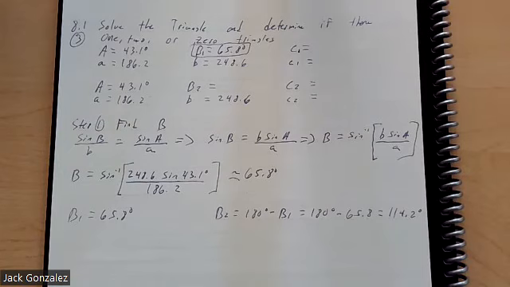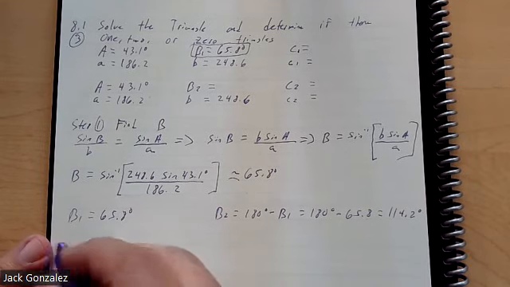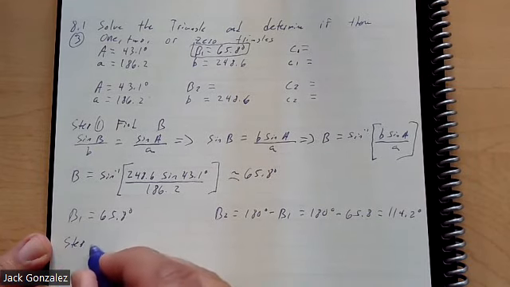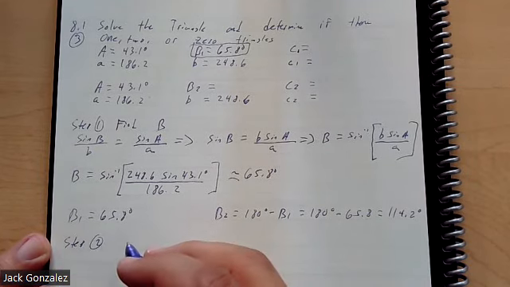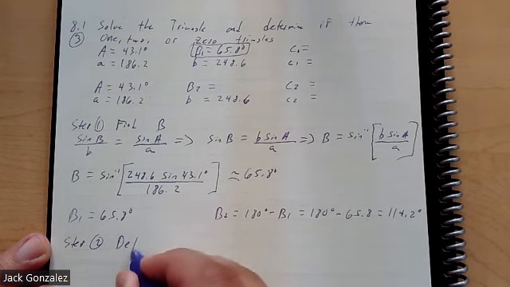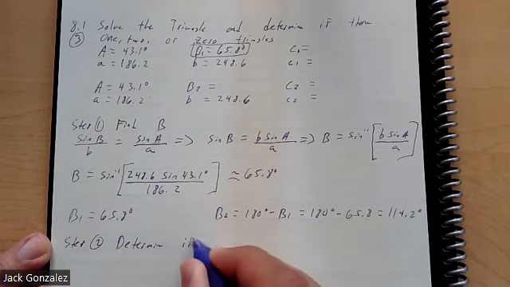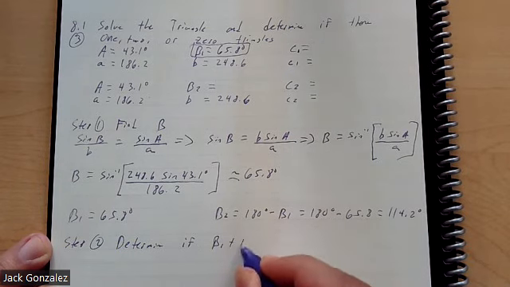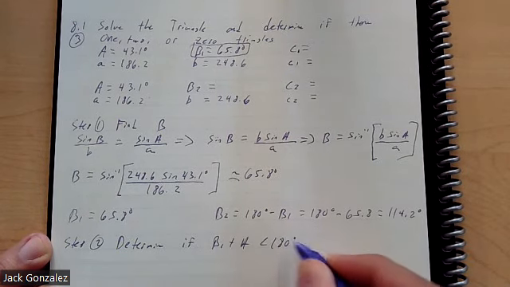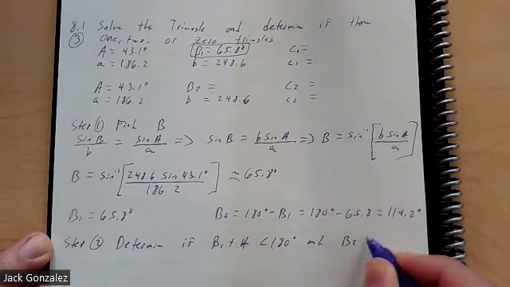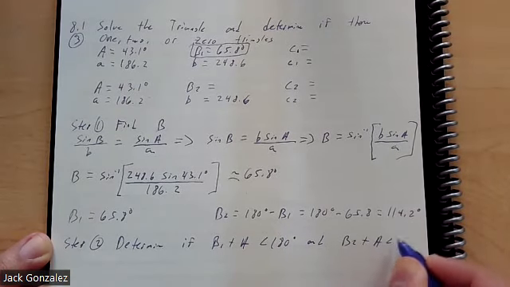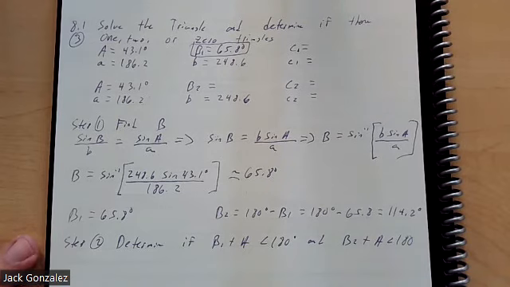So step 2 is we got to check, do we have two triangles, one or whatever, right? We for sure have at least one, because this worked out. So step 2, determine if B1 plus A is less than 180 and B2 plus A is less than 180.